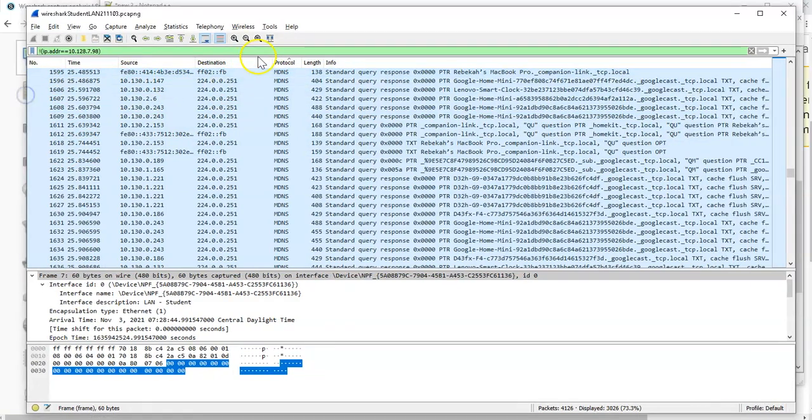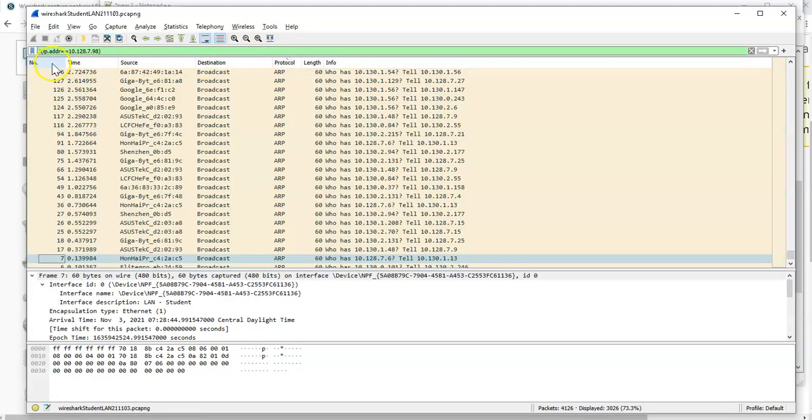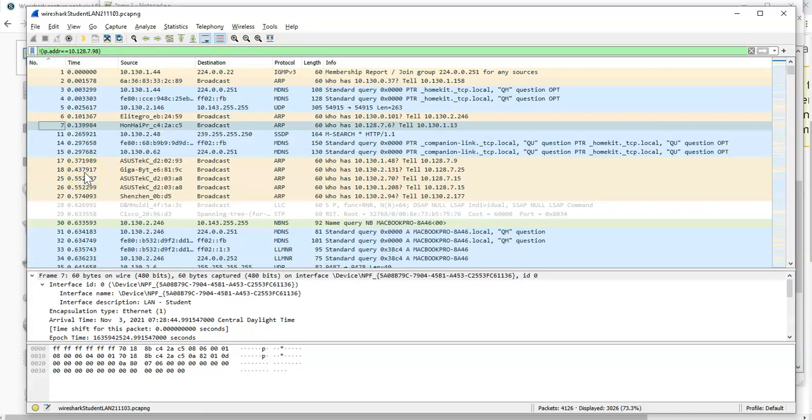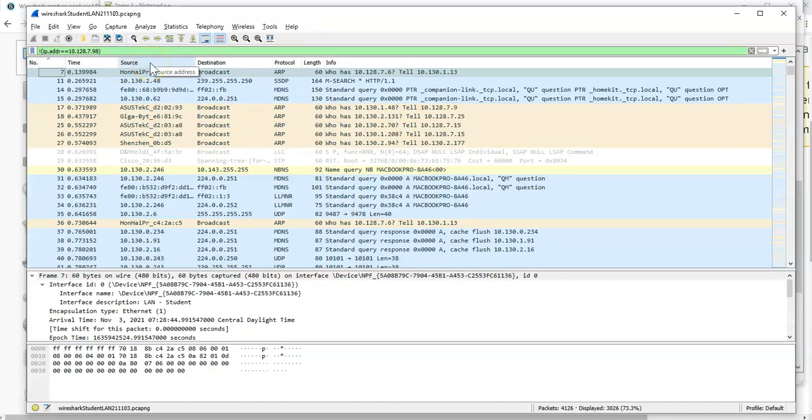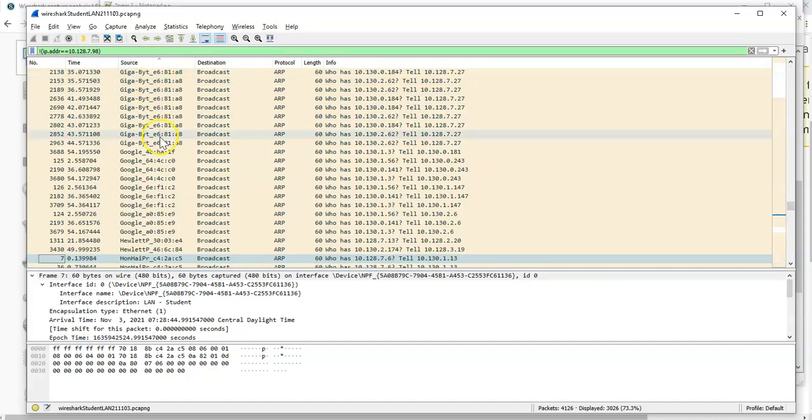I'm sorting it by protocol by clicking here. If you click on sort by number, you'll see this. So you click on the header here, it'll sort by that thing. So if you actually want to look for what particular devices are being involved here, I can click on source, and I see this particular guy is doing the ARP broadcasts. It's not a particular sequence.